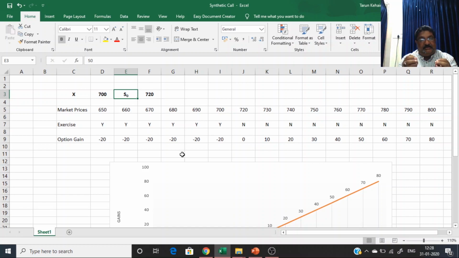S0 is the spot price of the stock that you're buying today. Let's say the stock is trading at 720 and he has bought this stock. He has bought it because he's pretty bullish about the market conditions. So he is hopeful that the price of this stock is going to rise in future. So he has invested in the stock, or gone long on this underlying stock.